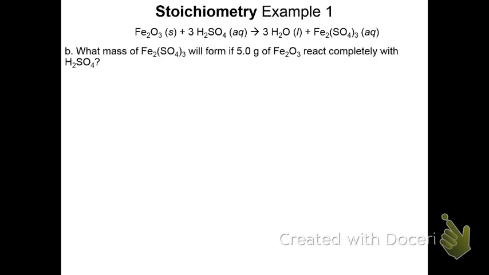So in the previous part of the example, we calculated what volume of reactant we needed to react with all of the iron oxide. Something else that we can do is calculate how much product should form if all of the iron oxide reacts. So in this case, the first two steps are the same as the first example. We already know we have a balanced equation. And from the first example, we know how many moles of iron oxide we have.